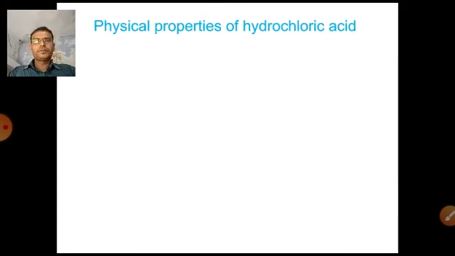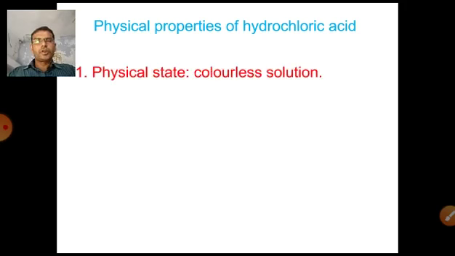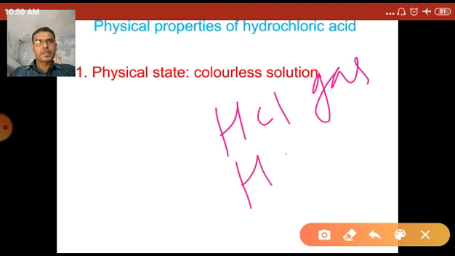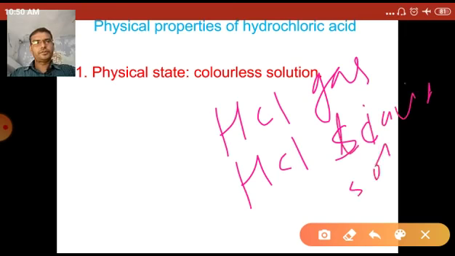Now next topic, physical properties of hydrochloric acid. So, the physical state: hydrochloric acid is generally a colorless solution. Now as you know, HCl hydrogen chloride is a gas, and HCl hydrochloric acid is a type of liquid or solution.